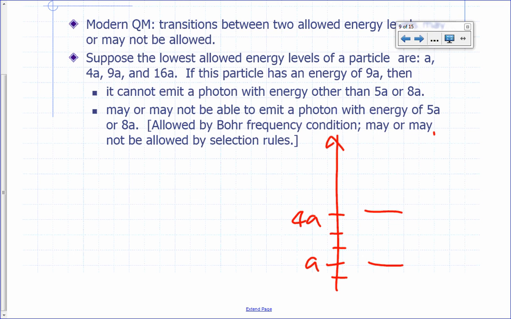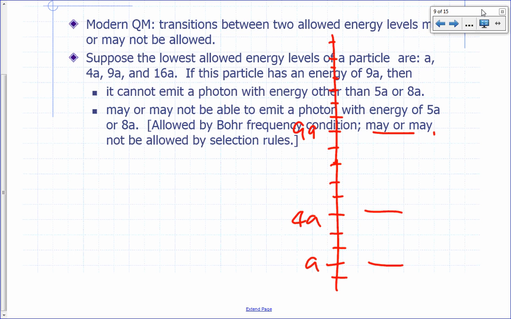So 5, 6, 7, 8, 9A. And then the next allowed level is 16A. 10, 11, 12, 13, 14, 15, 16.